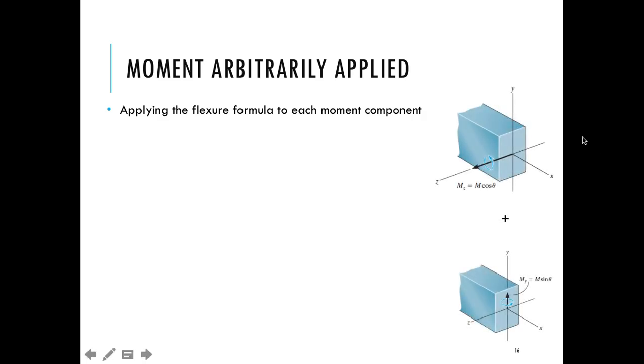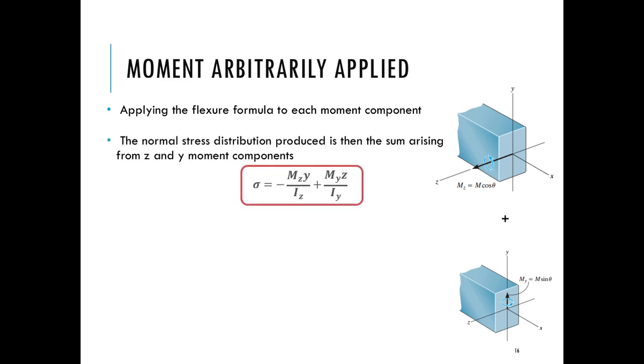So Mz की वजह से जो stress होगा और My की वजह से जो stress होगा, और दोनों के अपने अपने जो stresses हैं, those are given to me by the flexure formula, such that the total normal stress acting at any point on the cross section is given to me by this expression right here.